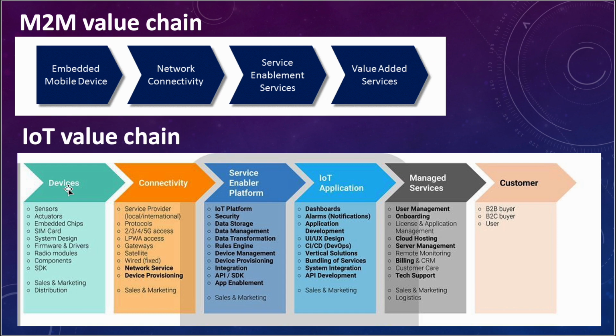Let's say on this you will provide a device, and you will provide the application with that device, right? So your business will be providing an IoT device with the necessary applications to interact with that IoT device, that is your business.